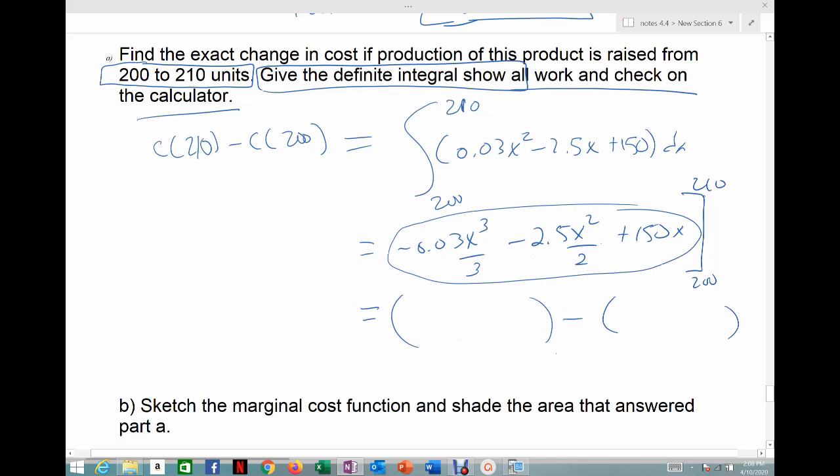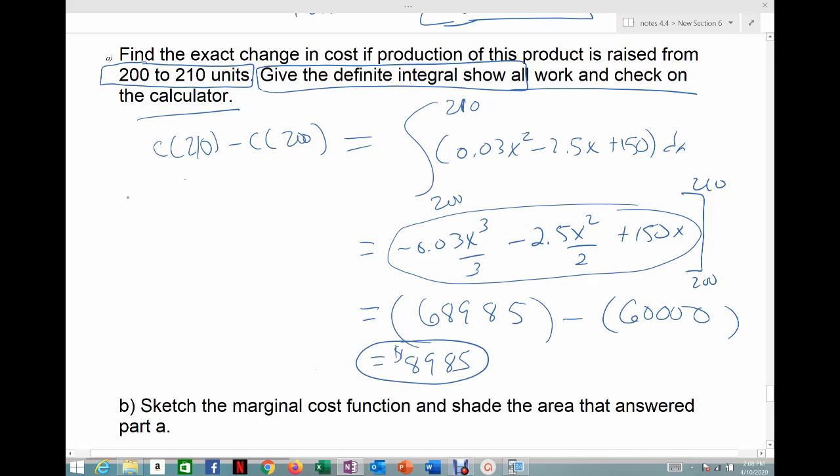All right, so when I plug 210 into my general antiderivative, it comes out 68985. And when I plug in 200 into this, it comes out 60000. And so the difference is 8,985. And so that's how much cost will change.